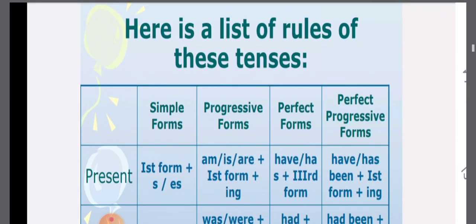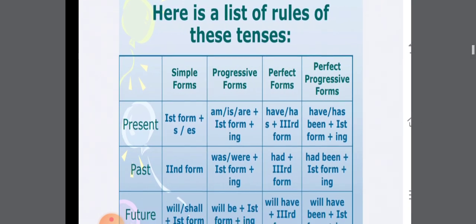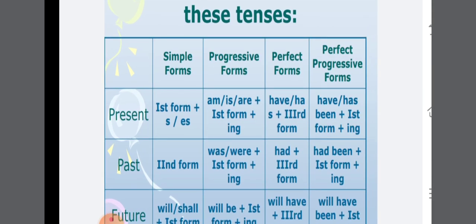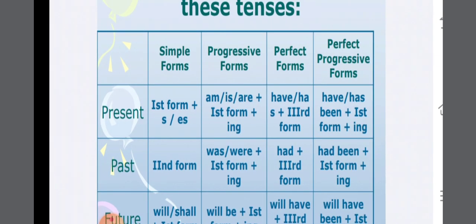Here is a list of the rules of these tenses. Simple form in the present: first form, sometimes s or es will be used if the subject is third person singular. In progressive: am, is, are plus first form plus ing. In perfect form: have or has, depending upon the subject, and the third form of the verb.